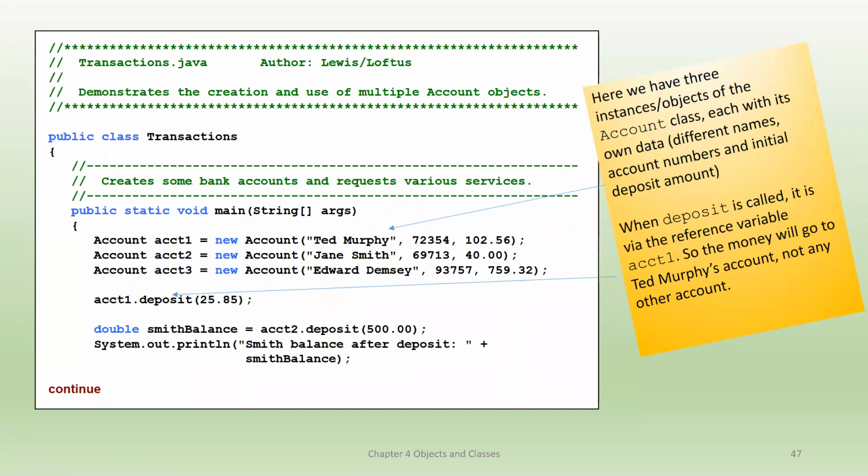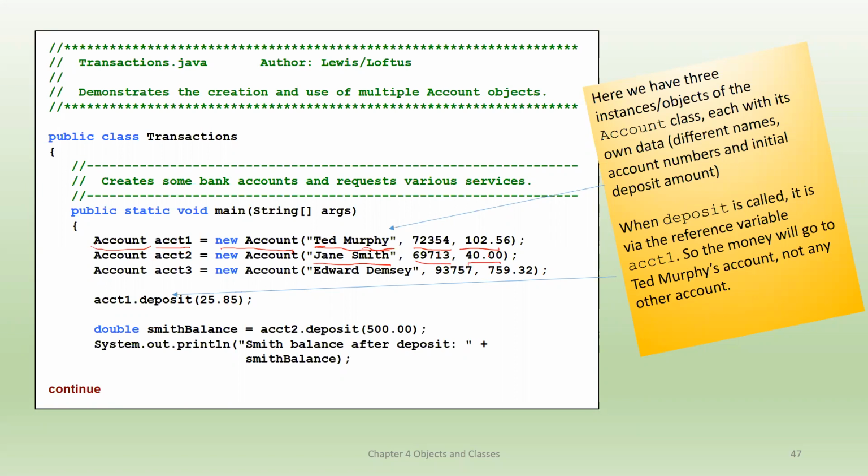If you look at this public static void main, we are using the class, right? We are declaring a variable and creating a new account. This constructor accepts 3 parameters: a name, a string, an int or long, and a double.